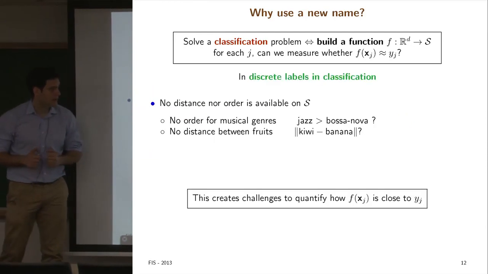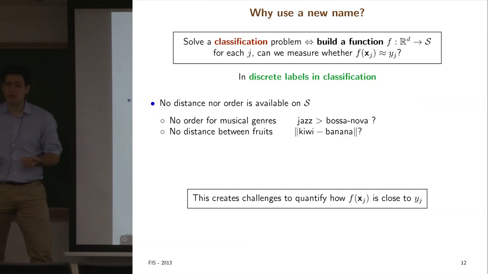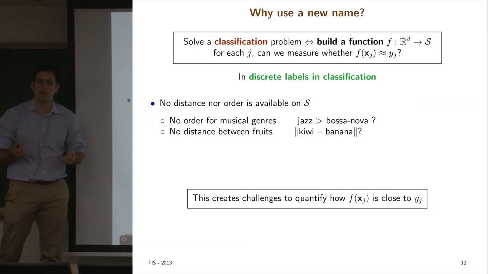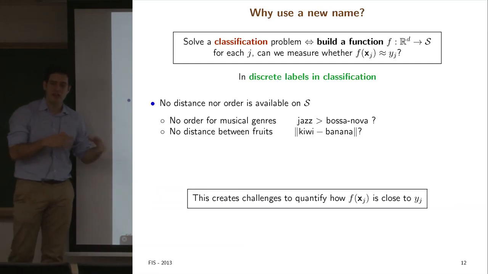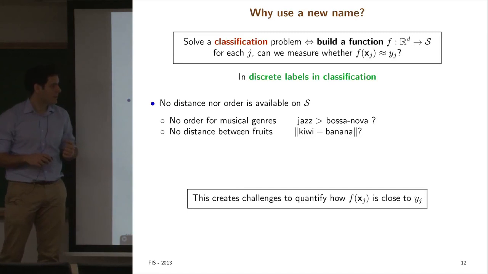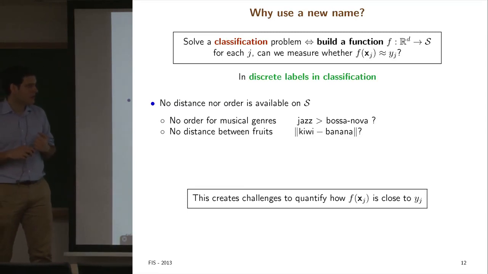What happens when we have discrete labels? Well, this is the real problem. I think maybe the bottleneck of classification compared to regression, the reason why classification deserves more study. Well, it's because usually there is no distance or order that's available in a set of labels.